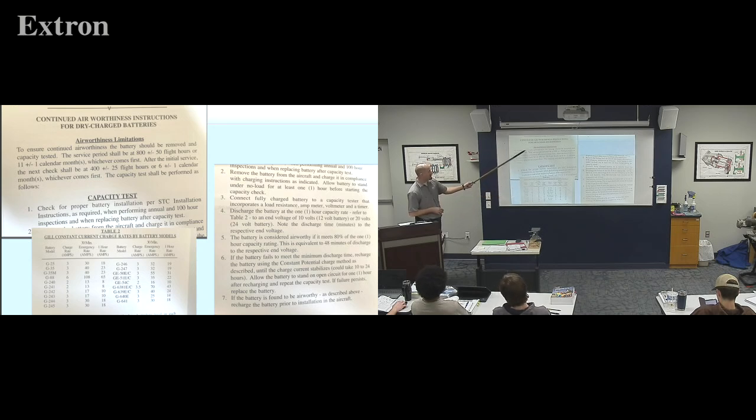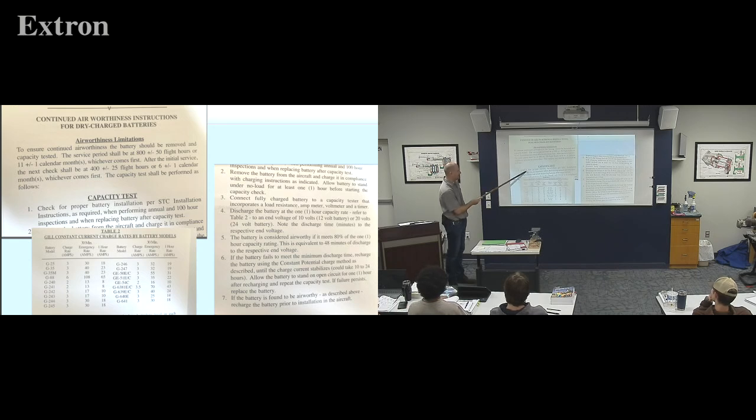But airworthy limitations, it says at 800 plus or minus 50, so that means somewhere between 750 and 850 flight hours, it wants you to take it out and do a test, or 11 plus or minus 1 month. So that would mean somewhere between 10 to 12 months. So that's a 12-month maximum, right? Whichever comes first, it wants you to take it out and do a capacity test.